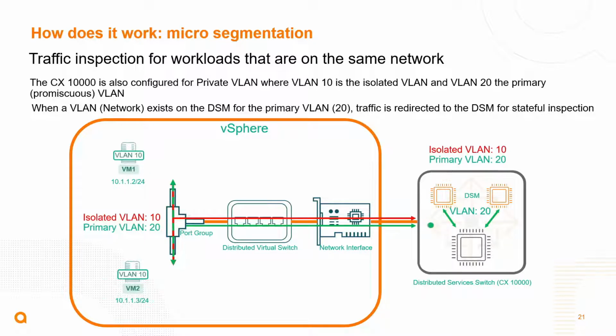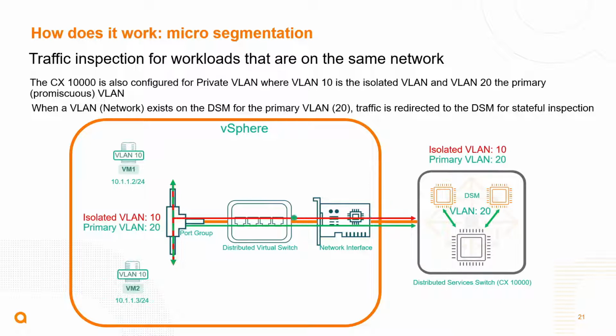Now, in order to achieve this, you need to configure a couple of things. On vSphere, you have to make sure that you configure a distributed virtual switch with a private VLAN configuration on it. So you configure the isolated and primary VLANs. You obviously have to attach the VMs to the isolated VLAN.